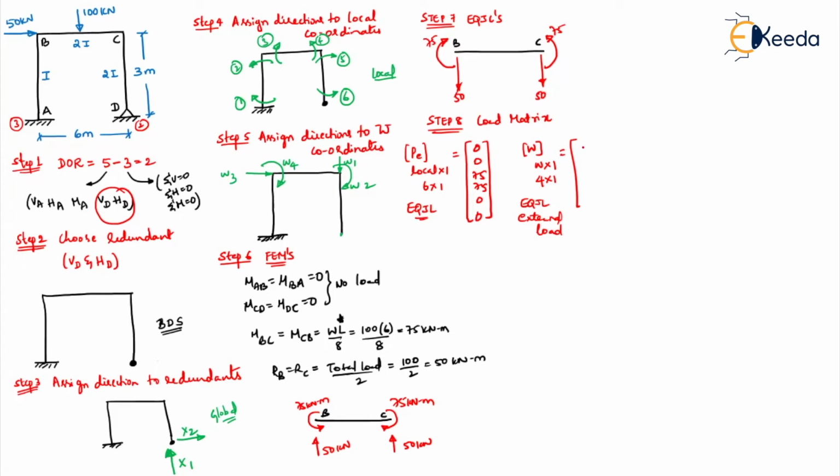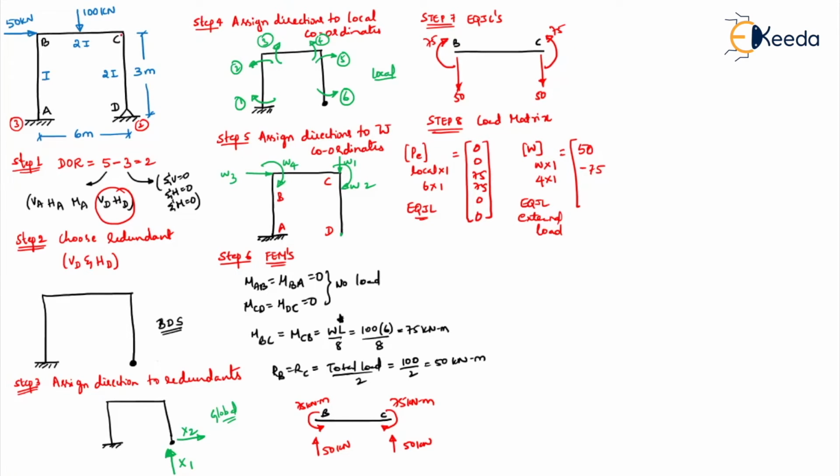Okay. Now, see, W1 is vertically down at C. This is A, B, C, and D. At C here there is no load, but here at C vertically down you have 50. That will be 50. Then W2 is what? Clockwise movement at C. Here it is anti-clockwise, so minus 75.